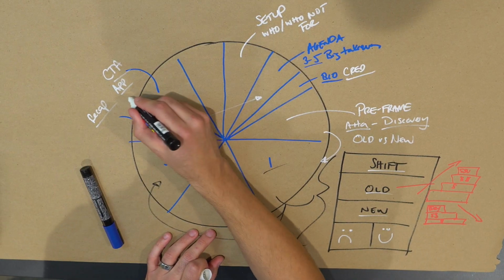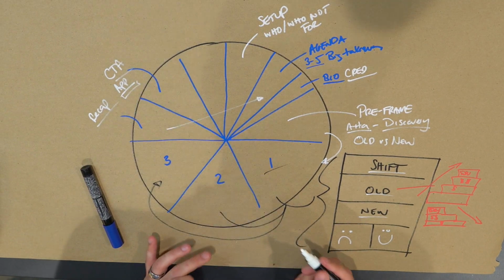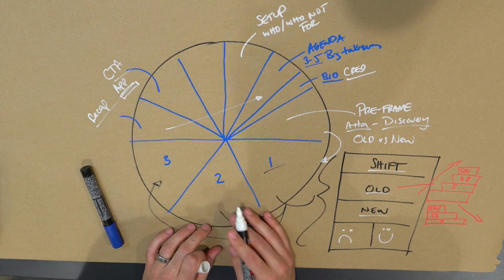So this is just a call to action for them to go get on your calendar. If you're selling a digital course or something like that, there's a completely different storyline that you would use. We can cover that in a different video. But if you're selling services, more often than not, you're going to be driving into some sort of consultation or application. That's where you've got your call to action.